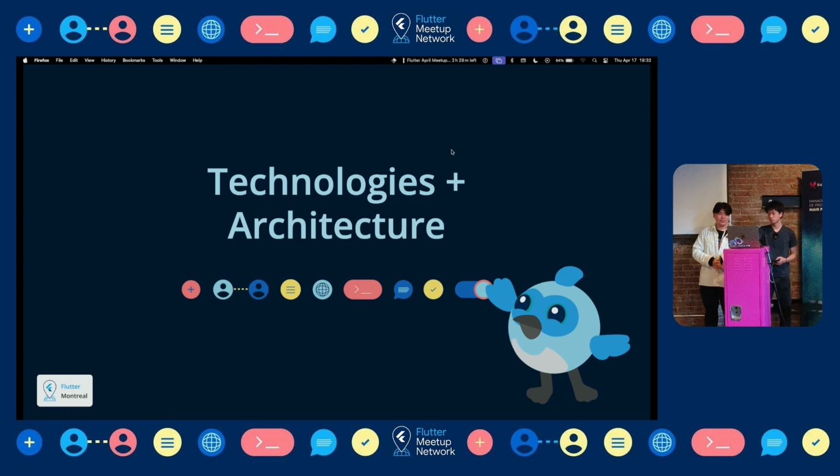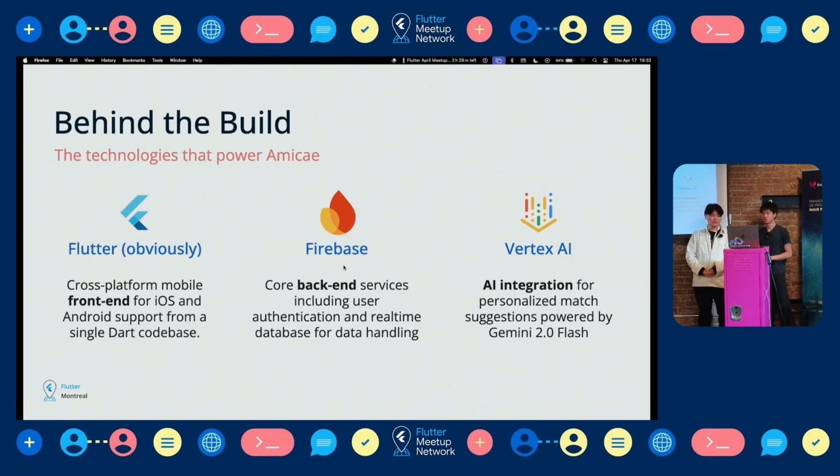And then for backend, we used Firebase to keep it consistent with the whole Google suite. We used Firebase for the user authentication, and their real-time database for storing user profiles and decisions like swiping left or right. Vertex AI, which is part of Firebase, we used for the Amicae Matchup AI, and then we used Gemini 2.0 Flash as our model for the text generation.